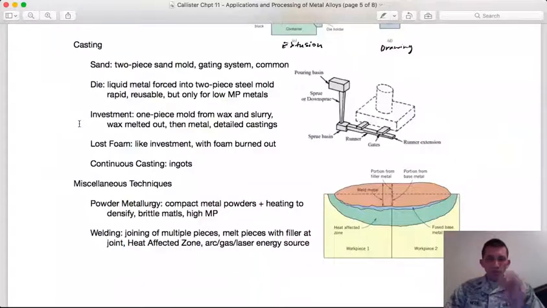So you can make the die, say, out of steel, and then pour a lower melting point metal into it, and this is more economic because you can reuse it. Investment and lost foam is similar to the sand casting in that you have a mold that you pour the metal into, except here you're making the mold.